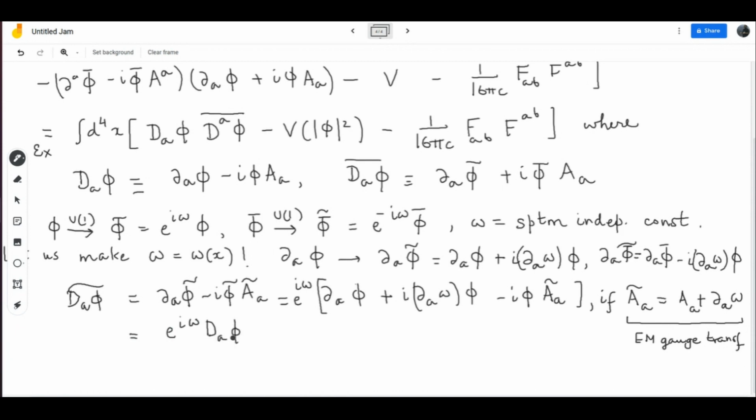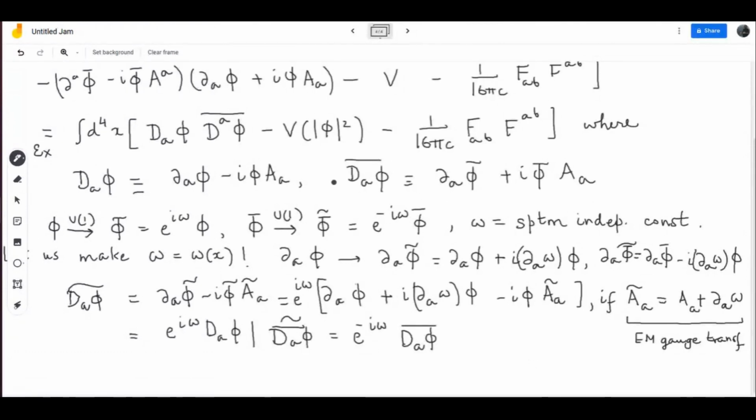So we have this fantastic result, which we did not anticipate before. Now you can see that if dA phi tilde is e to the I omega dA phi, then this action no longer has an omega dependence. Also from here you can say that dA phi bar tilde will be nothing but the conjugate; this is again an exercise, but it will be easy to prove using this definition of dA phi bar.